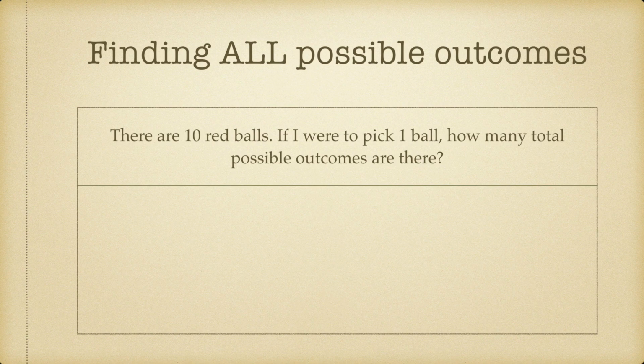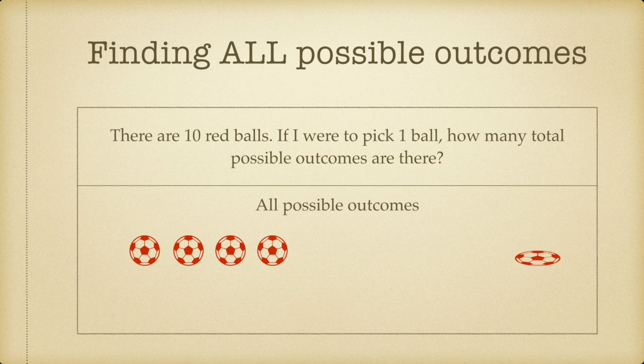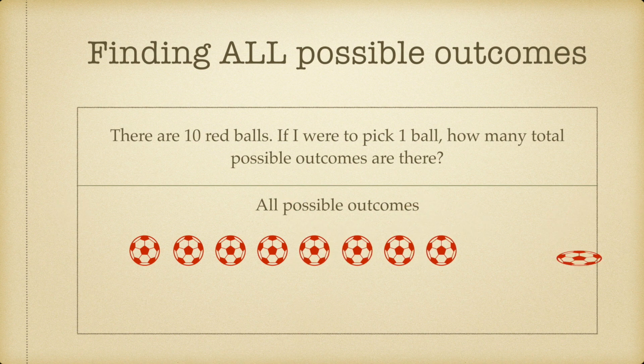Here we have 10 red balls, and I am to pick one ball out of these 10 red balls. So what are the total possible outcomes here? These are our 10 red soccer balls. Even though in this example all the balls are of the same color, we have to keep in mind that these balls are individual balls.